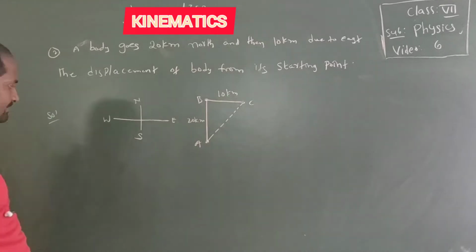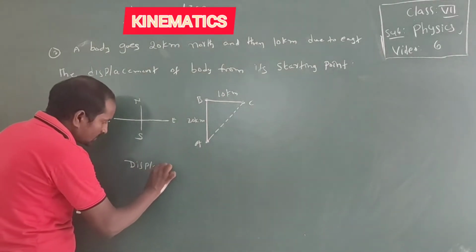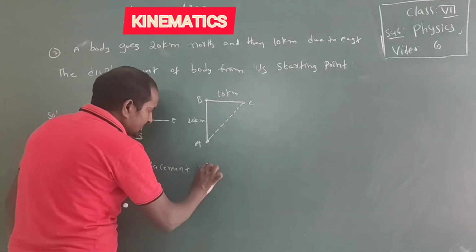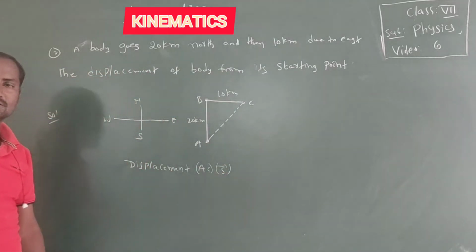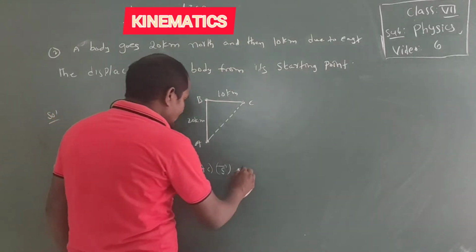According to Pythagoras theorem, displacement AC. We can also write S bar. S bar means it is a vector quantity. Here our aim is to find the displacement, which is a vector quantity.